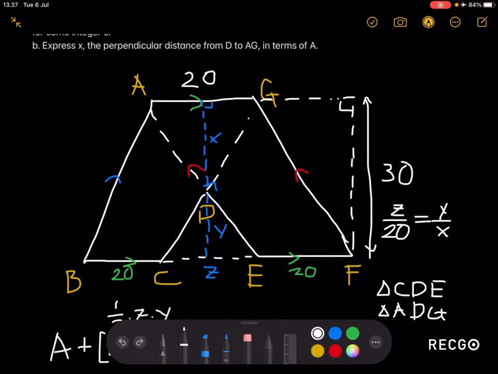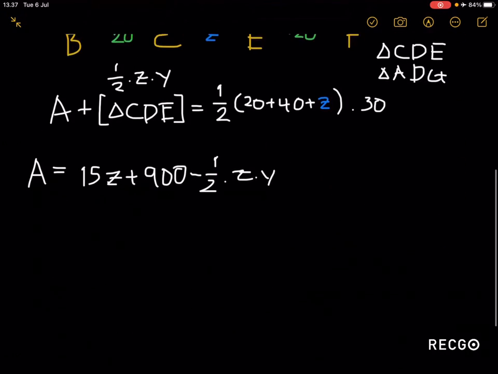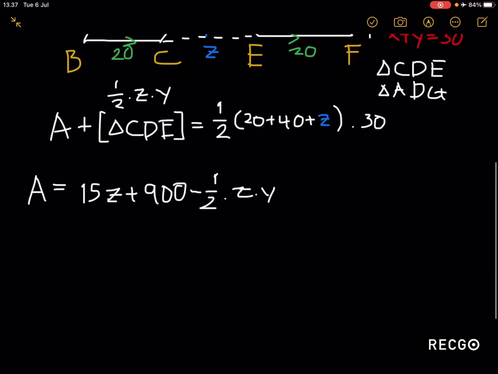Now, the next thing that I noticed is that x plus y is actually equal to 30 by noticing in this diagram right here. So yet we have another tool for our pretty messy algebraic stuff.